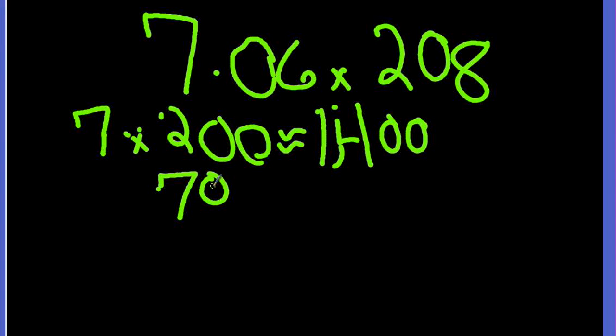706 times 2, then the other number is 208.